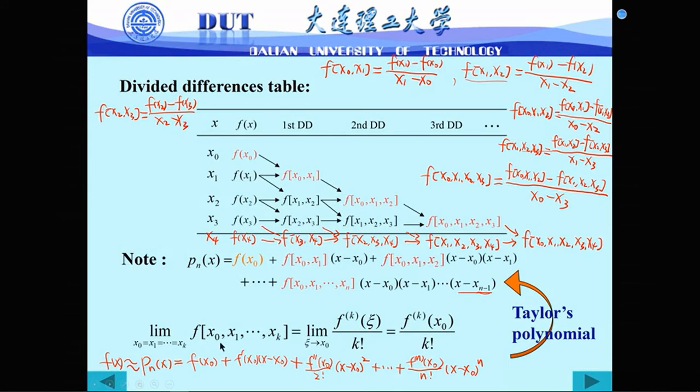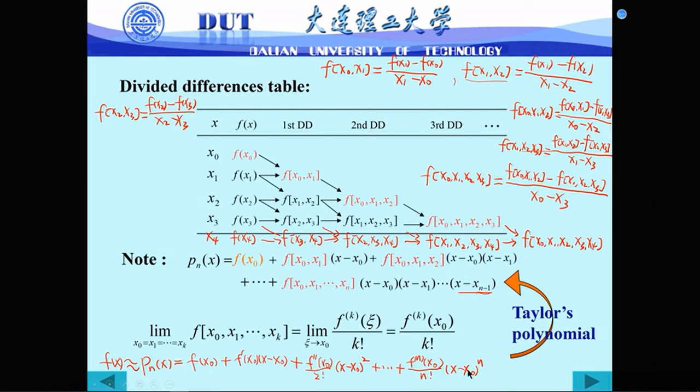Remember, when we consider the same nodes x0 equal to x1 equal to xk, then the Lagrange interpolation polynomial Pn, then come to the Taylor's series, Taylor's polynomial.